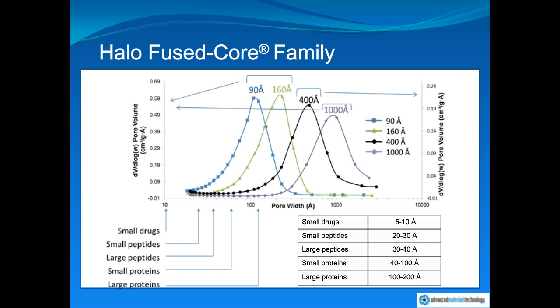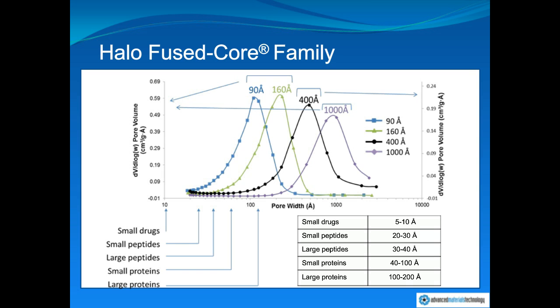Now, this becomes important when we begin to take a look at not only what I've really focused on, which is, well, what about the peak width or the peak capacity, but also what's the net retention when we look at separation, because that will have an effect on peak capacity. So this is a family of materials that is designed specifically with different classes of materials for each of the pore size ranges.